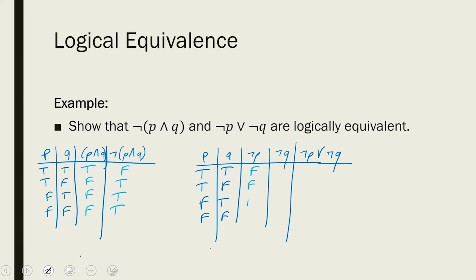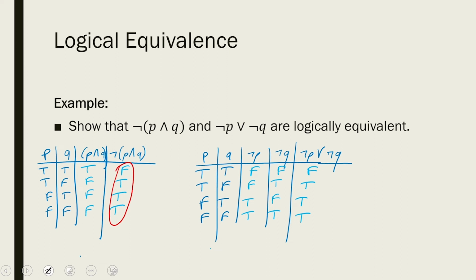Not P is false, false, true, and true. Not Q is false, true, false, true. The disjunction is false only when there are two false. So if we have at least one true, the disjunction is true. So that gives us false, true, true, and true.